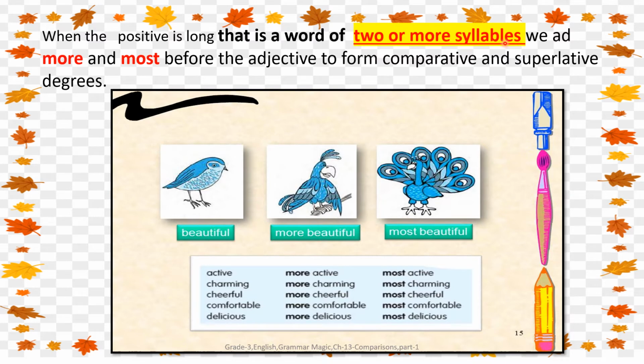Yes. So it's for more than two syllables. If you find any word which has more than two syllables, we add more and most before the adjective to form comparative and superlative.